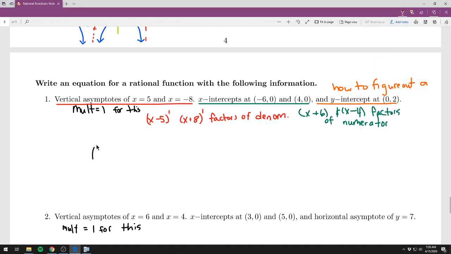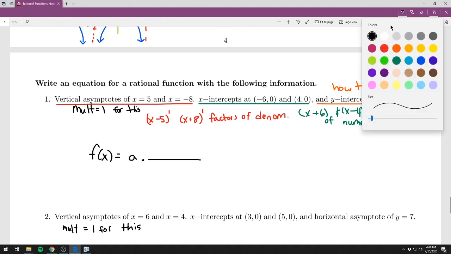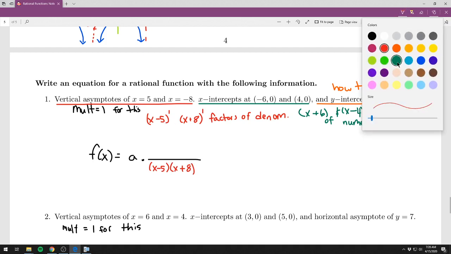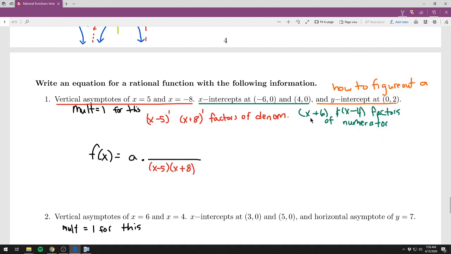Right, so the way this really works, when you make a rational function, you have A in front, your leading coefficient. Then I make my fraction. I have my factors of the denominator, which I'm going to go ahead and put in, x minus 8 and x plus 5. We figured that out before. And then the factors of the numerator are x plus 6 and x minus 4.